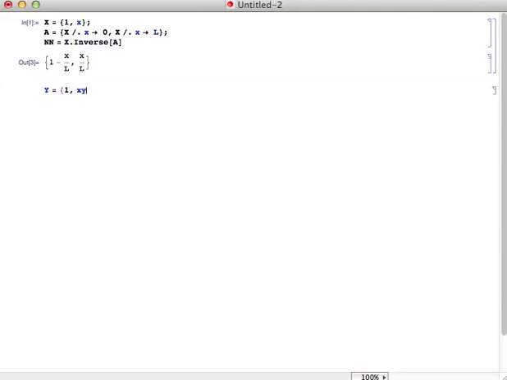Then I'm going to use Hermite interpolation for the transverse degrees of freedom and the rotation. Those should all be Y's.